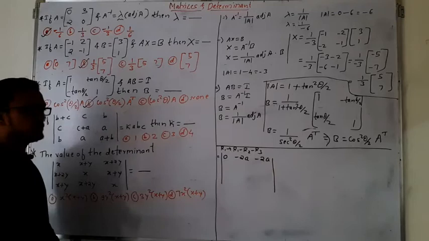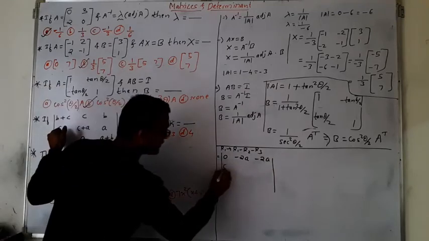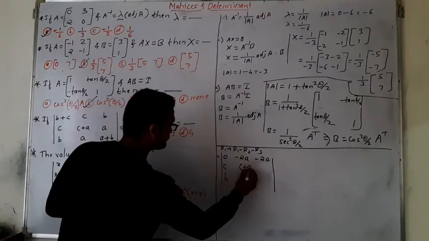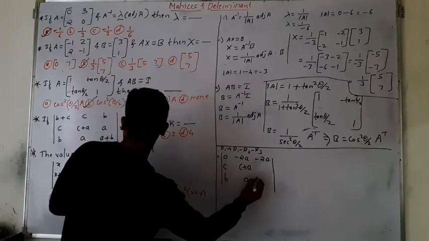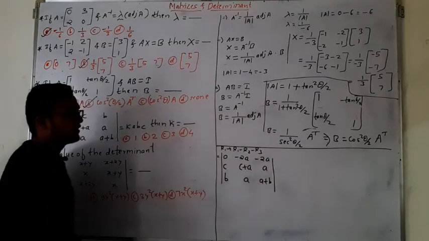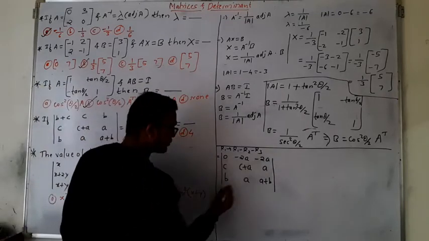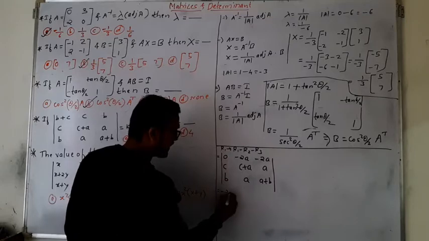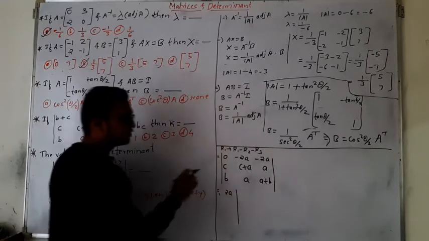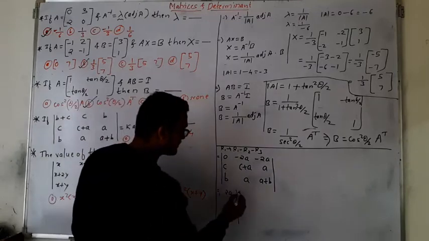We have changed only R1, so the remaining rows we keep as they are. This is A plus B. Now if you observe the first row, minus 2A is common, or just take out 2A as common.